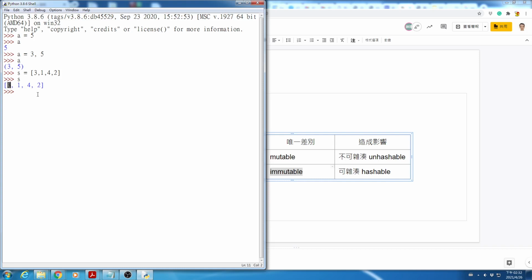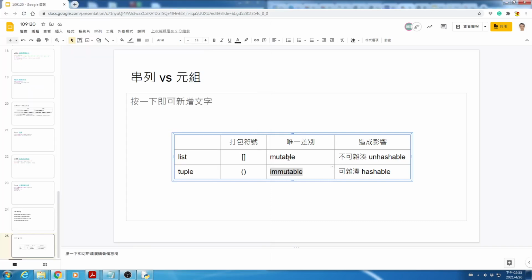Can I use the subscript 0, S[0], to change 3 into 7? The answer is yes. Now S is 7, 1, 4, 2. So each single item in a list is changeable. We say the list is mutable.